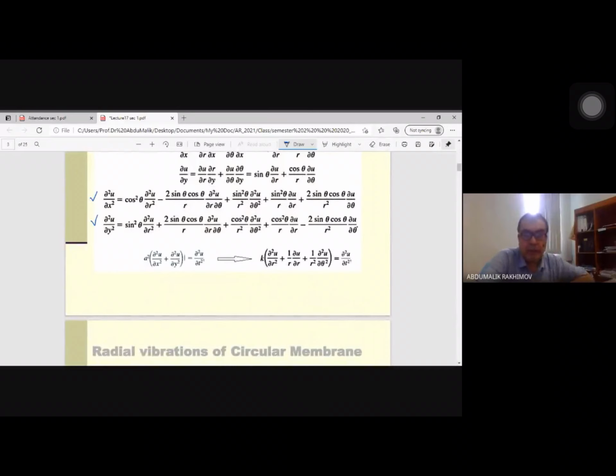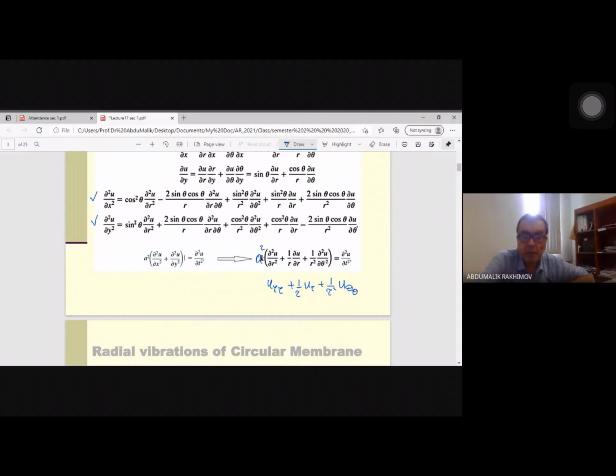When you add u_xx to u_yy, you will get this, right? u_rr, this is u_rr. Oh, not k, this must be a squared; k was in the case of heat, right? u_rr plus 1 over r u_r plus 1 over r squared u_theta theta. This we obtained in the case of heat. It is the same.